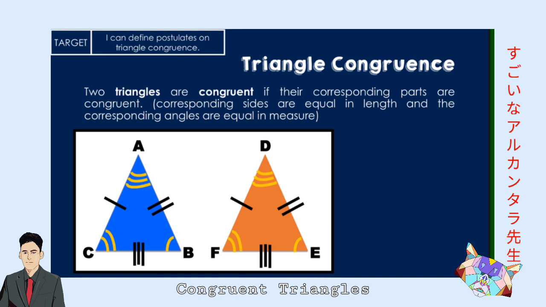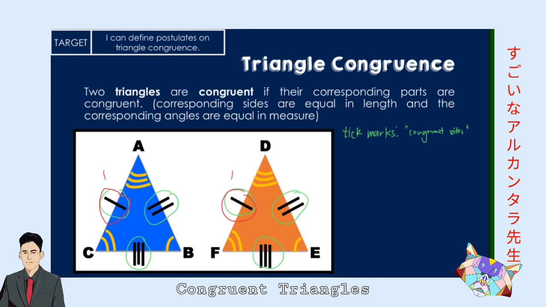One of the important things that you have to take note of, especially with this image that you're seeing on your screens, is that we have the lines right here, and they're actually what we call tick marks. The tick marks basically imply the concept of congruent sides. That's why they are put in that location. If you take note of it, this one has one, this one has one also.